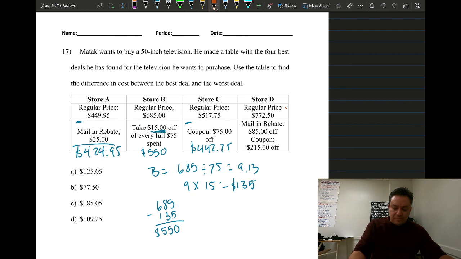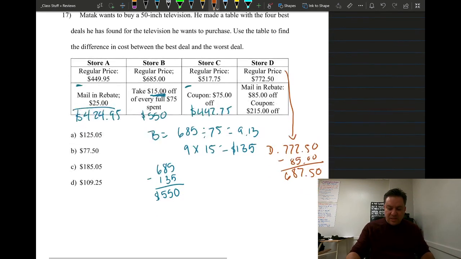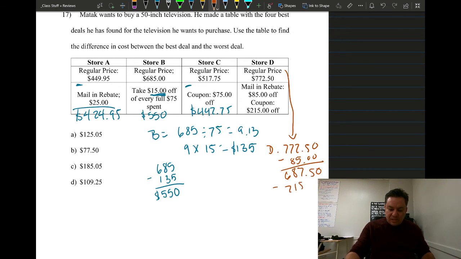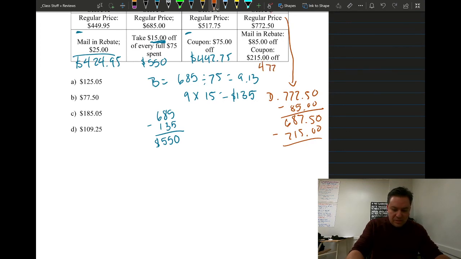So store D, you get 772.50 minus 85, you get $687.50, minus $215 that you get off, and you get $472.50. So those are the final prices after all the discounts.